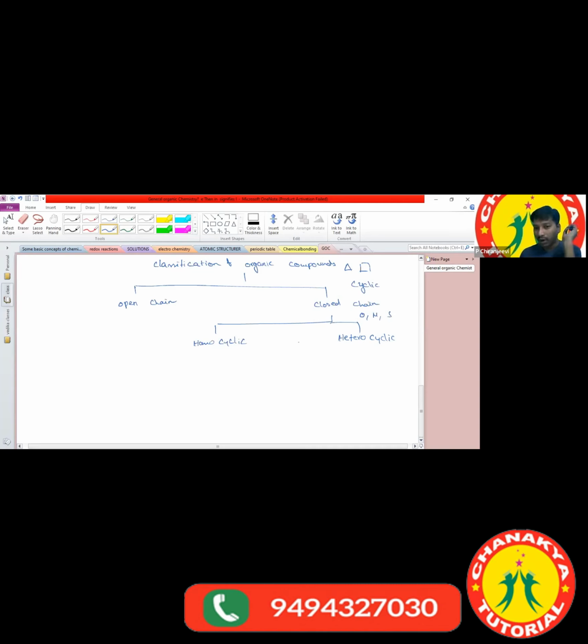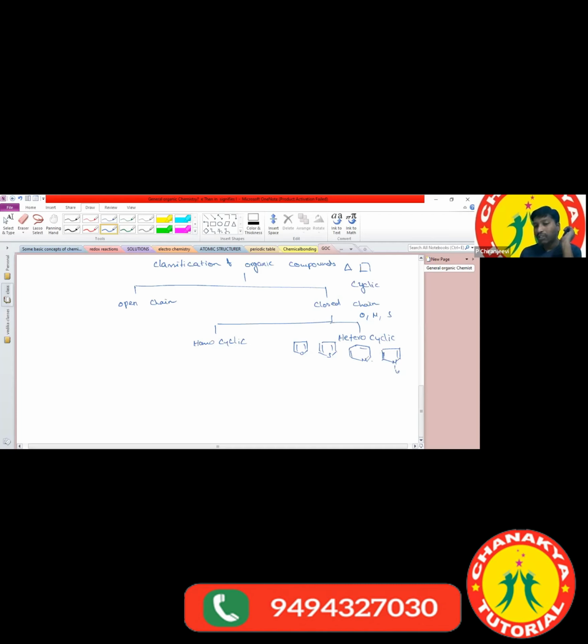Examples of heterocyclic compounds are furan, tetrahydrofuran, thiophene, pyridine, which is a six-membered ring, and pyrrole.